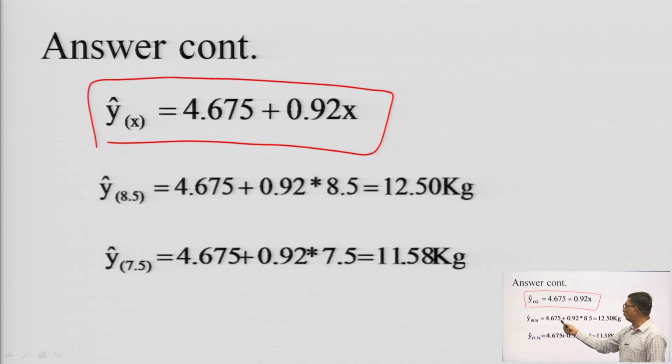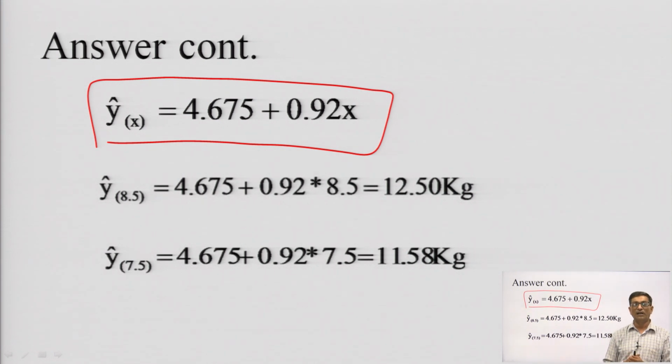So we put the value of x as 8.5, and on solving we get the weight as 12.50 kilograms. So you see that if we have any value of age we can predict the value of weight. This is the main application of regression.